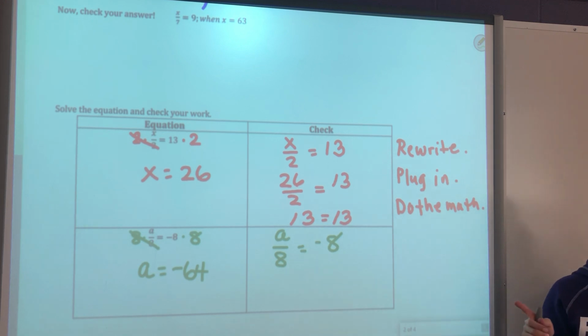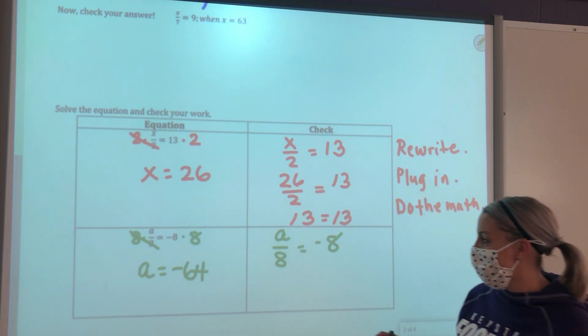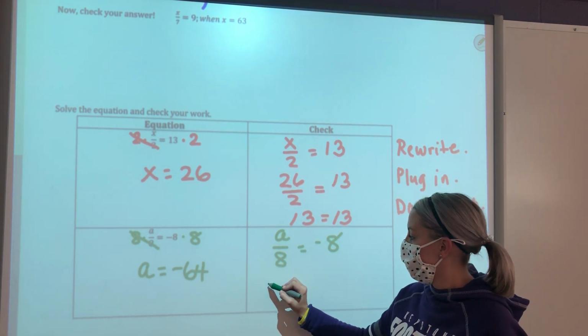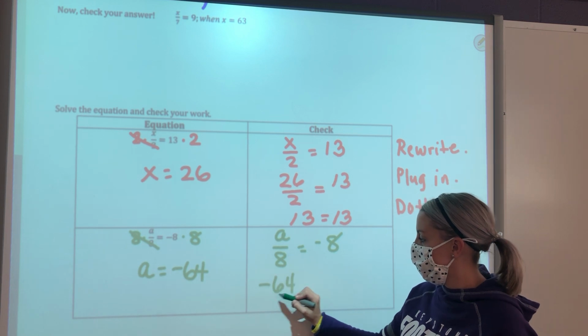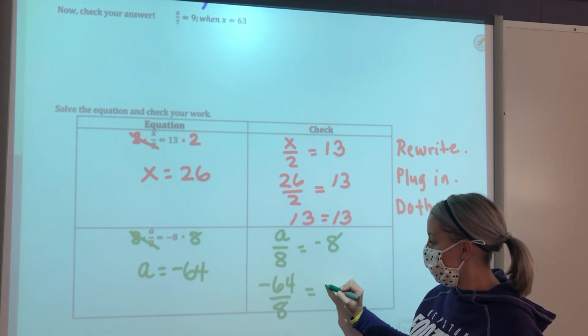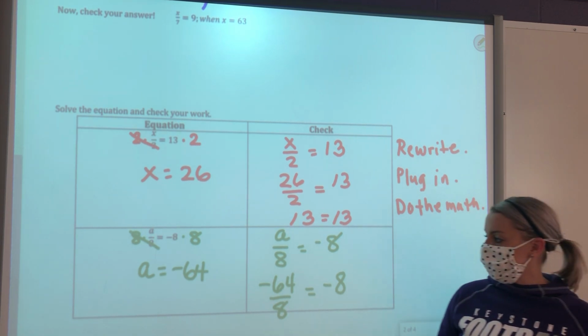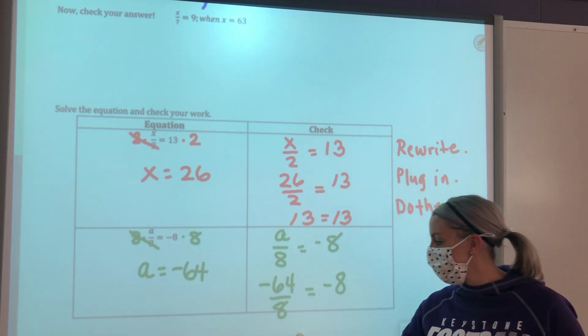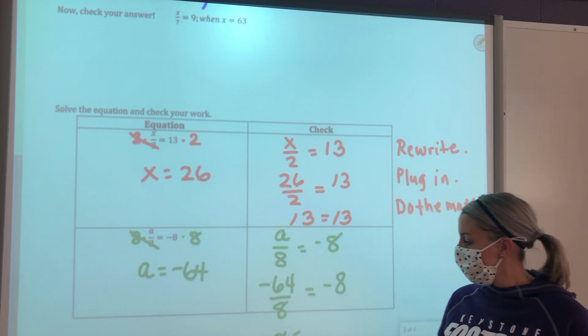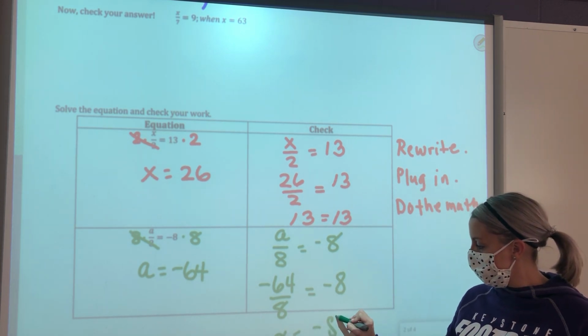Rewrite it. Do it. Plug in. Do the math. Negative divided by positive, it's always a negative. I did it.